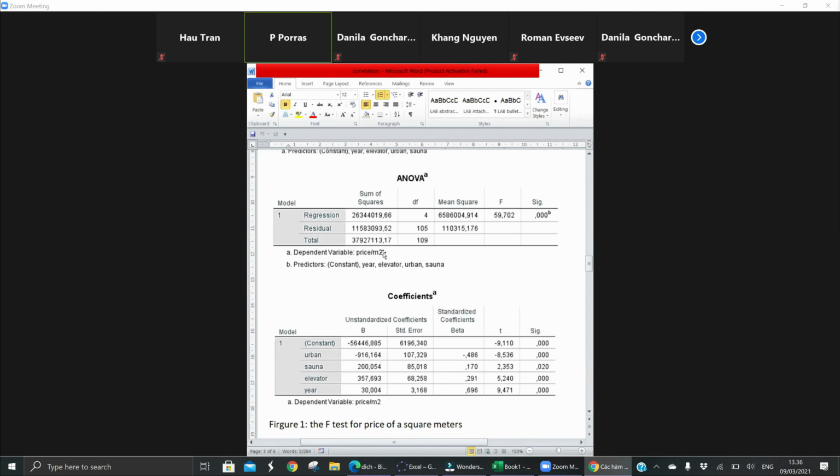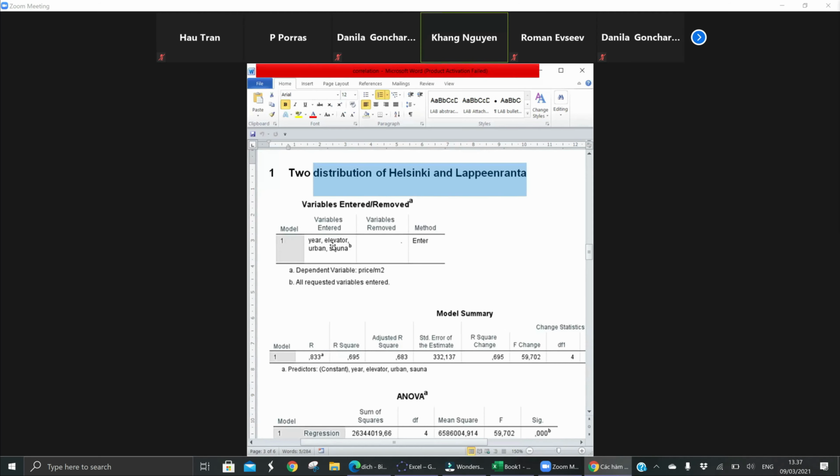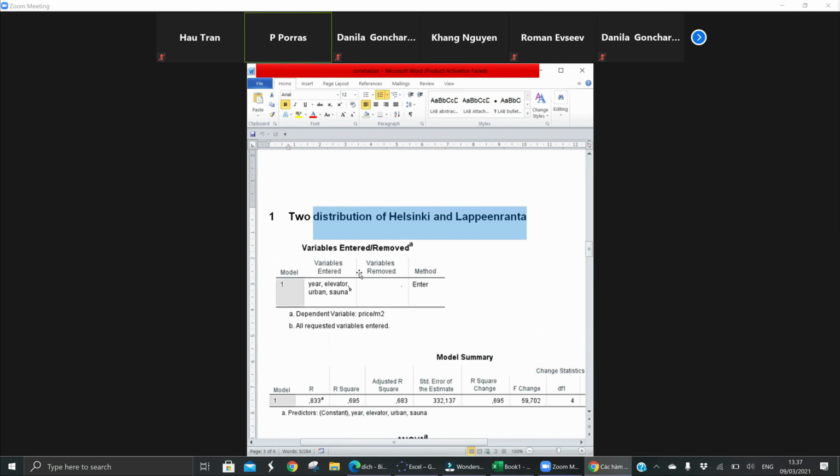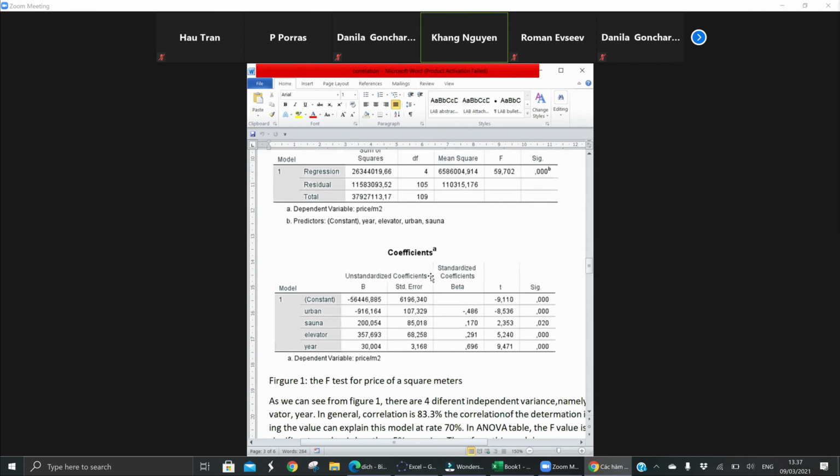Check your variables. What kind of variables do you have there? It's urban, sauna, elevator. Yes, but what kind of variables are they? I don't remember much. Because in regression, you can use only numerical variables, not categorical at all, only if they are dummy variables. And I am not sure that all of these are dummy variables.